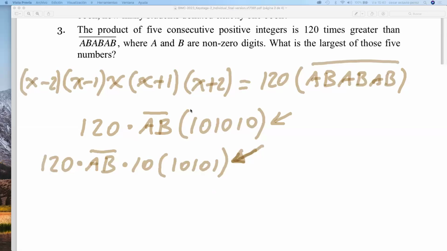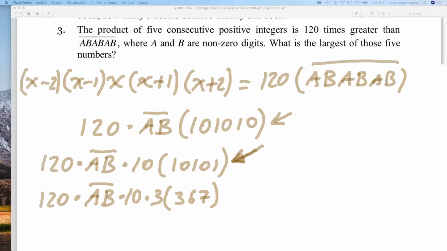We get, this will be 100 times 10, multiplied by 3. Yes, I lost a 3 here. 10 times 3.